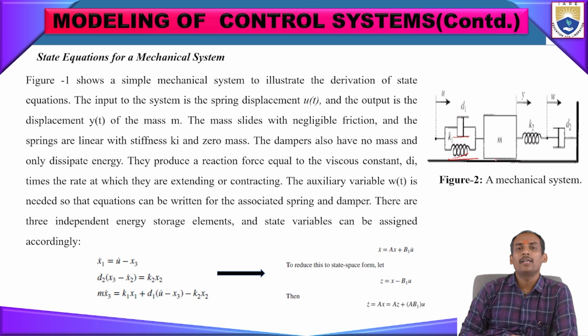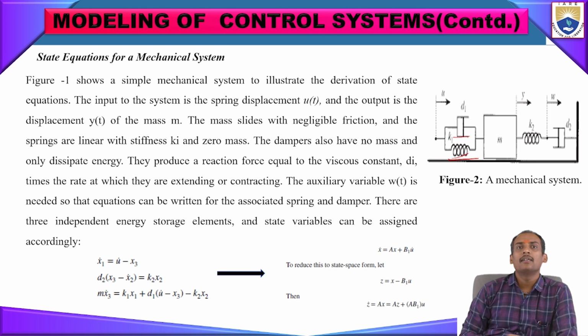To produce the required force equal to the viscous constant times the rate at which they are extending or contracting, the auxiliary variable w(t) is needed for the associated spring and damper.